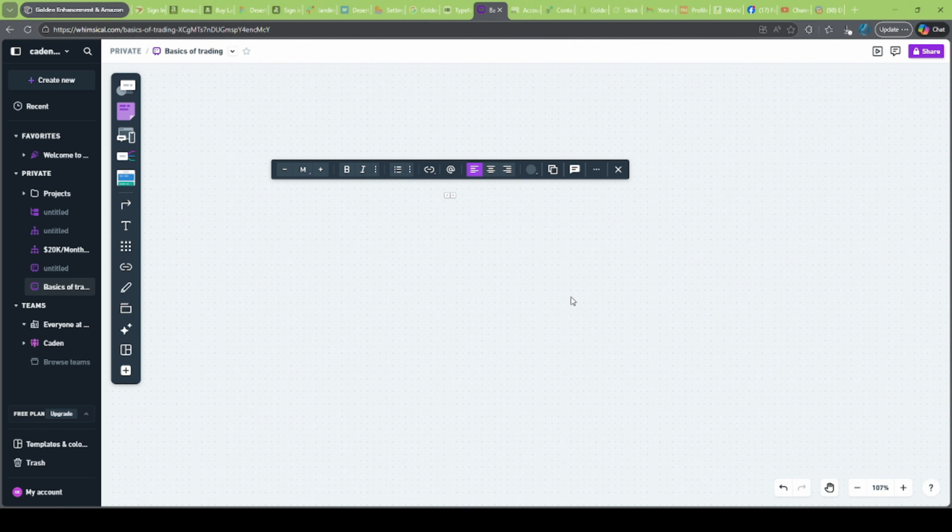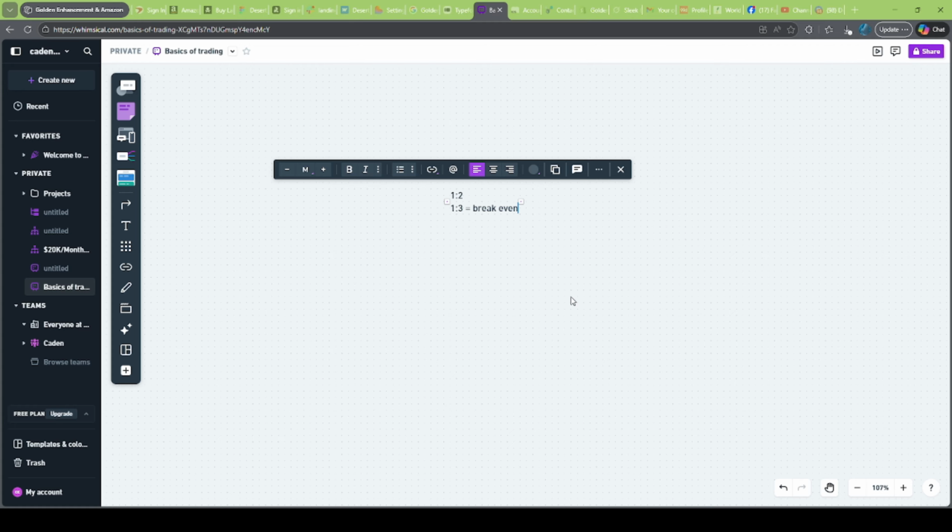So typically the rule that I follow is whenever my trade goes 1 to 2 or 1 to 3, depending on the setup, I move my stop loss from 12 points away to break even. This removes the risk from the trade.